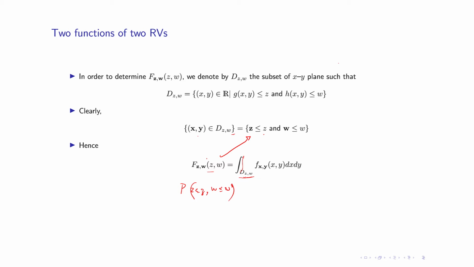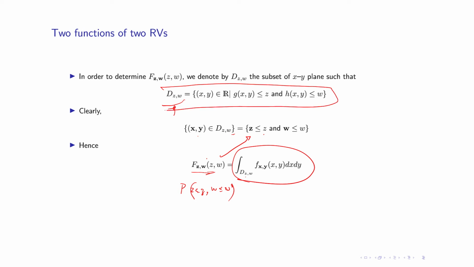So basically finding the joint CDF of Z and W has two steps. First, drawing this region, and the next step is to do the integral over this region. So one step is calculating this integral, and the first step is to determine this region.